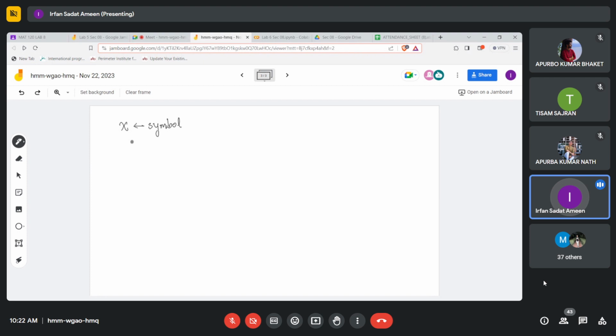So x is a symbol and that works as a variable, as in a math variable. So we can write function of x like this. But when we have a differential equation, x is our variable, duh.